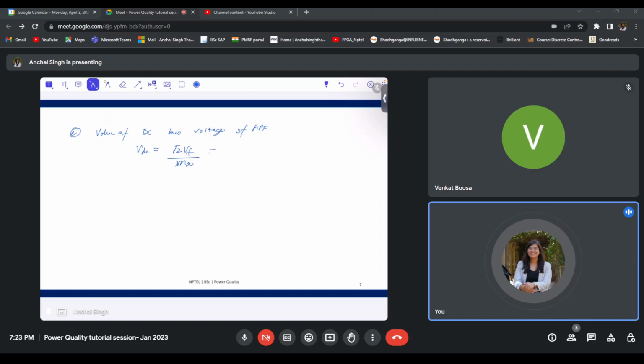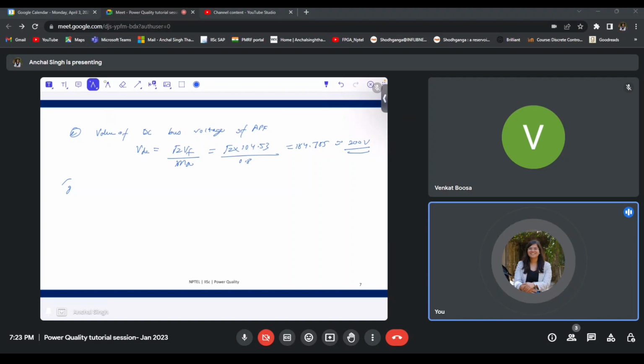The maximum value is calculated by multiplying Vf by root 2. Vf is equal to 104.53, and let us say the modulation index we always assume is 0.8. So the value comes out to be approximately 200 volts. So we will set the DC link voltage as 200 volts.